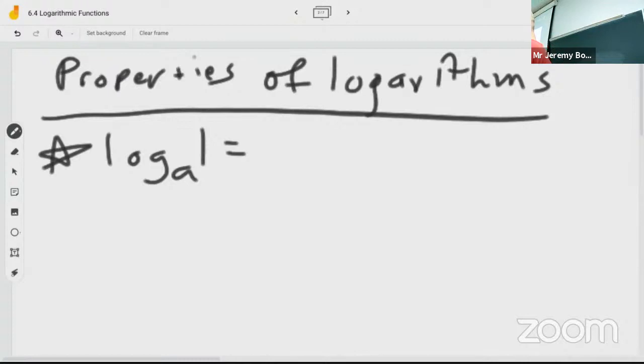Well, if you raise anything to 0, then you get 1. Yep, exactly. So if I want to know what power I need to raise something to get 1, it's going to be 0. There's one exception to that, and that's if A is 1. But we said that A couldn't be 1, so we don't have to work with it. Any questions on that?